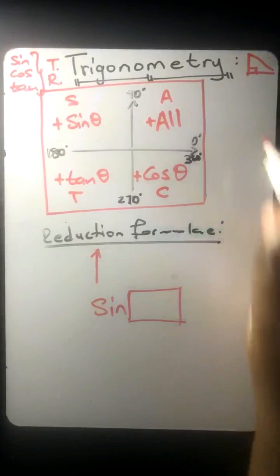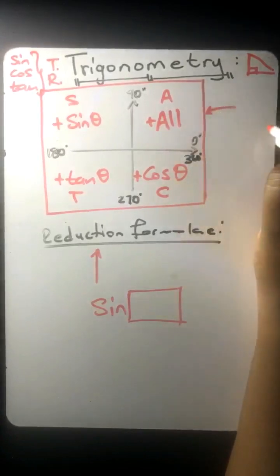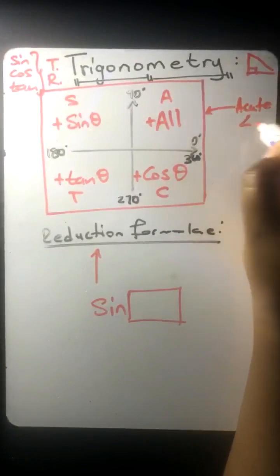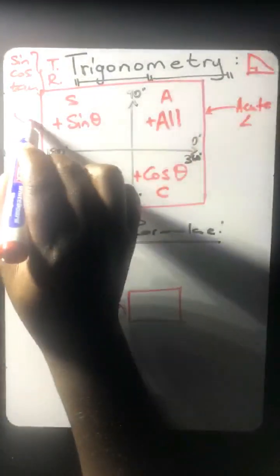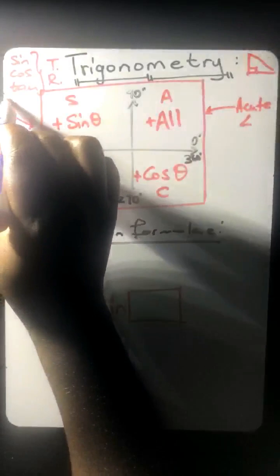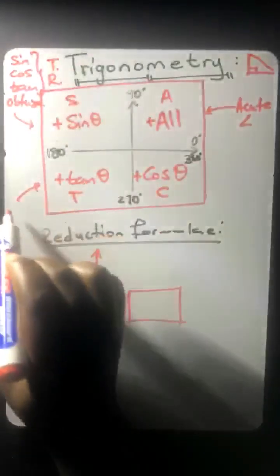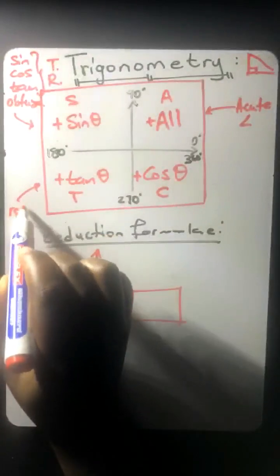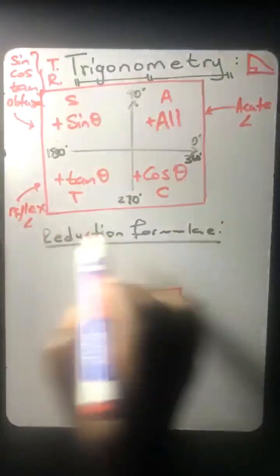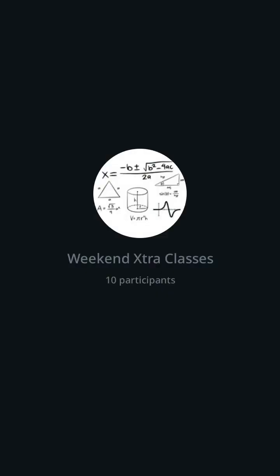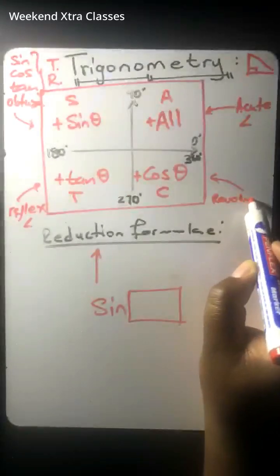So it's very important that you remember that in the first quadrant, those angles are called acute angles. I think this side is obtuse angles. You need to remember those. Here, what is it? Is it reflex? I think it's reflex angle. And then in the fourth quadrant, you have, what is it? Revolution. I think it's revolution.